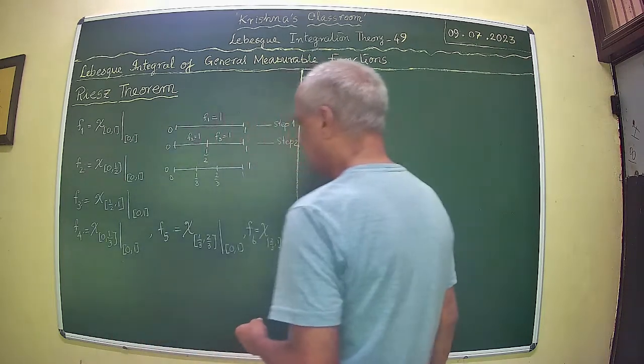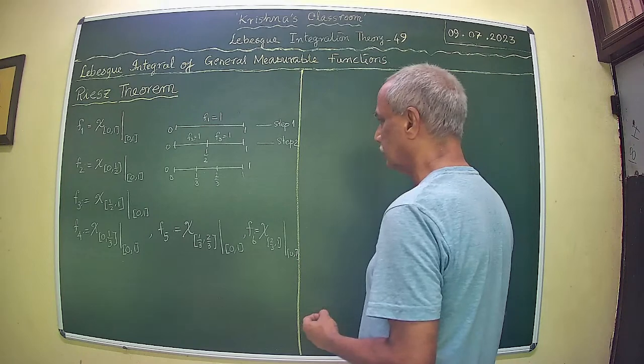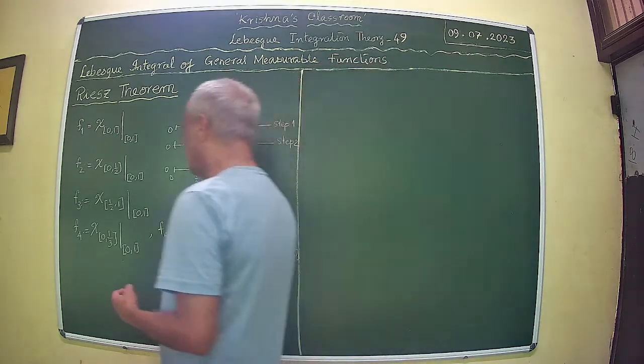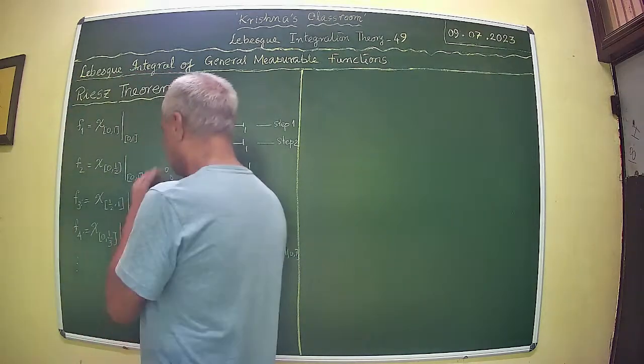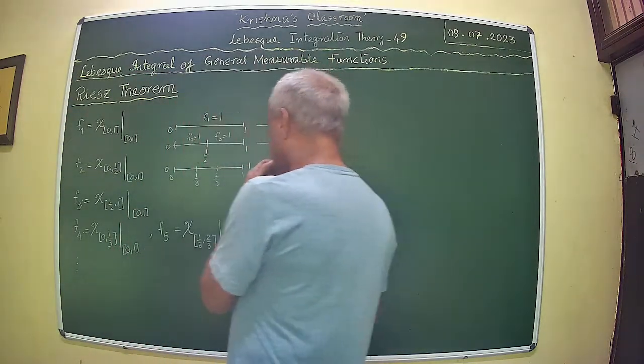So how many functions do we have now? We have now 6 functions. Obviously you can continue this process by dividing this into 4, dividing this into 5 and so on.